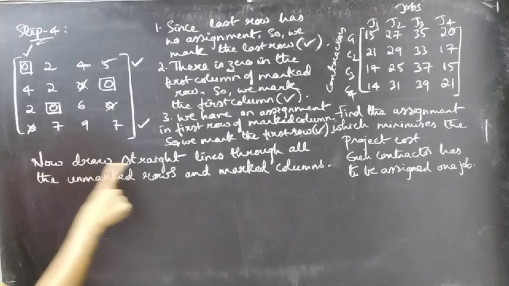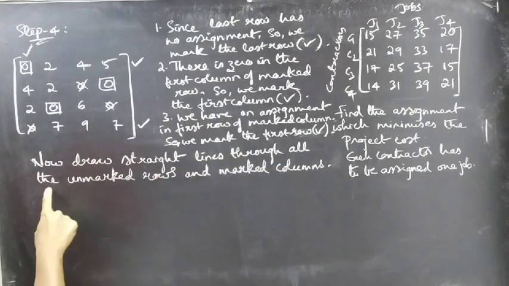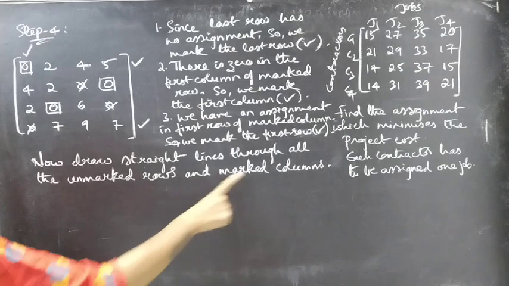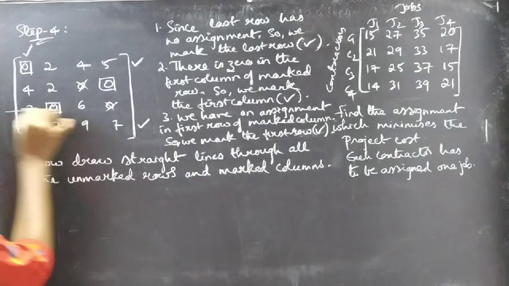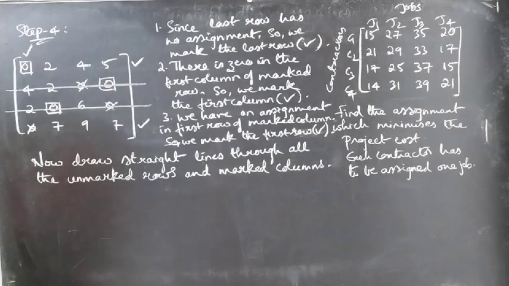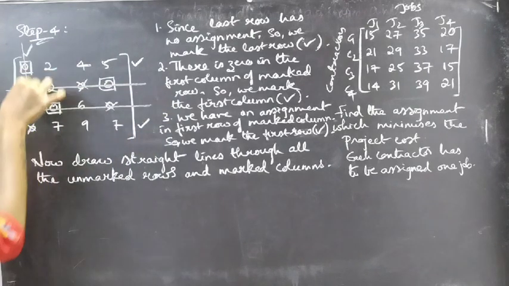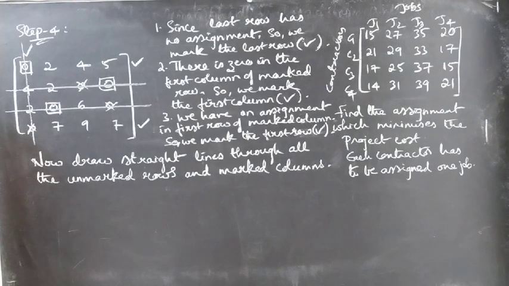Now draw straight lines through all the unmarked rows and marked columns. We have to draw straight lines through all the unmarked rows and marked columns. Here we have 1, 2, 3 lines. And the number of assignments is 1, 2, 3, right?